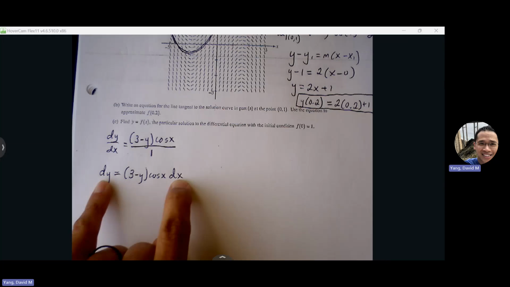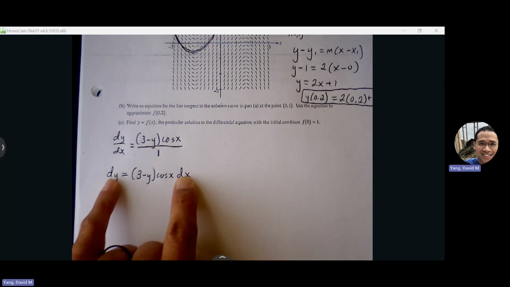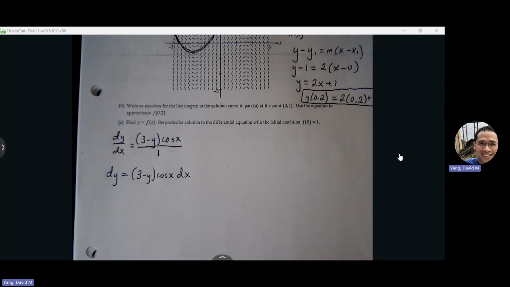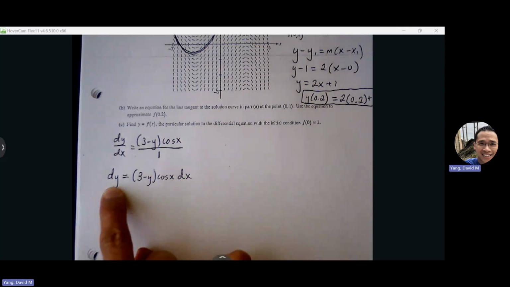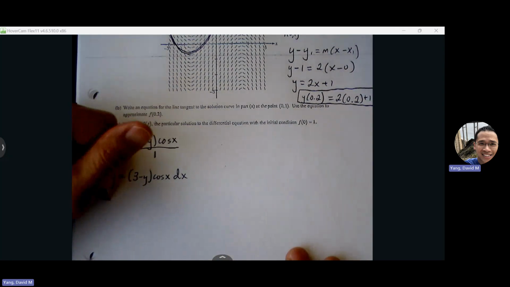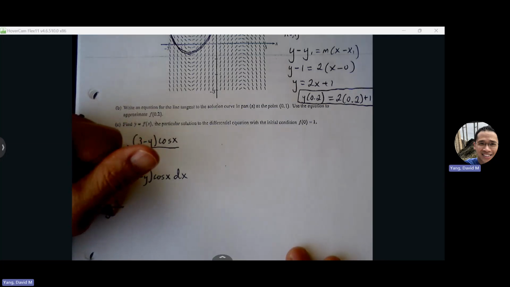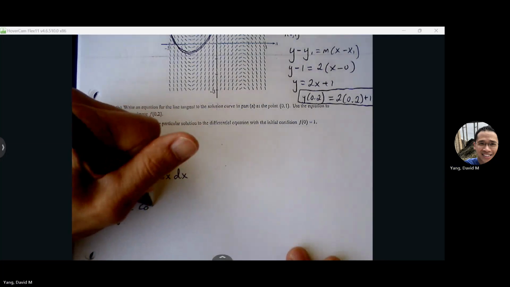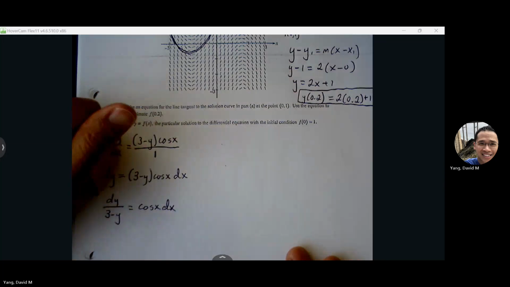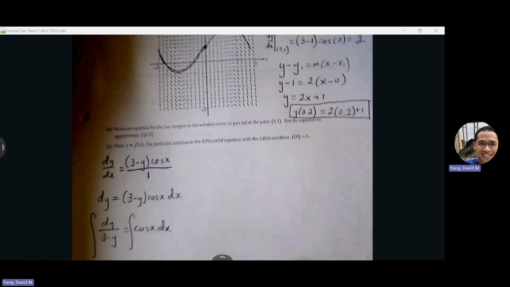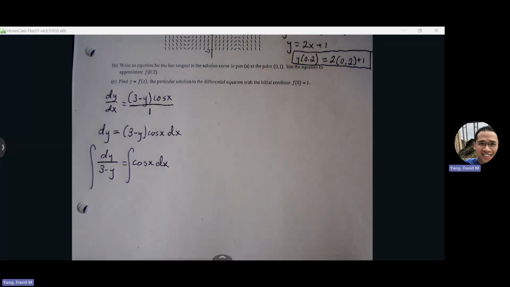My dy and dx are in their preferred locations. So now we have to consider, do we have full separation of variables? Is there anything that is out of place? 3 minus y. So we're going to move that by dividing it over. That's the only thing, right? So we just divide that over. And now that we have full separation of variables, we can think about our integral steps.